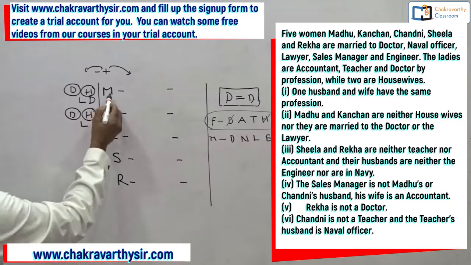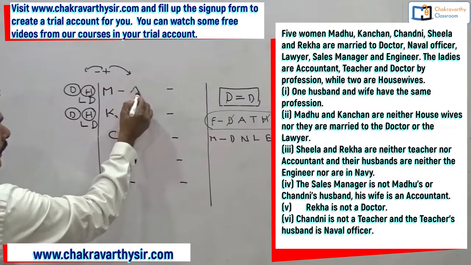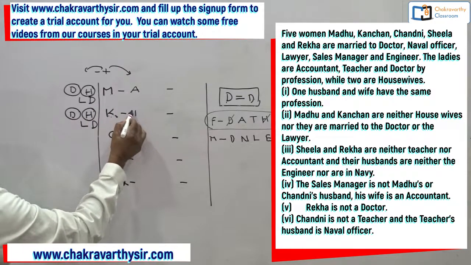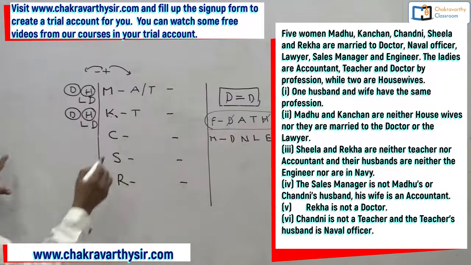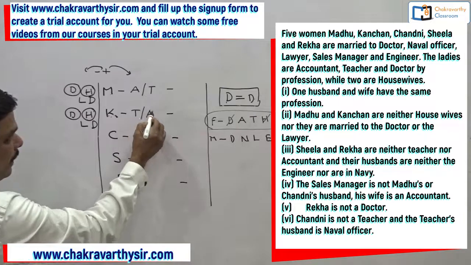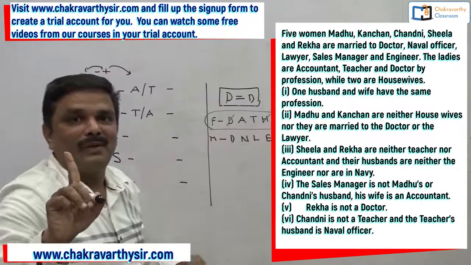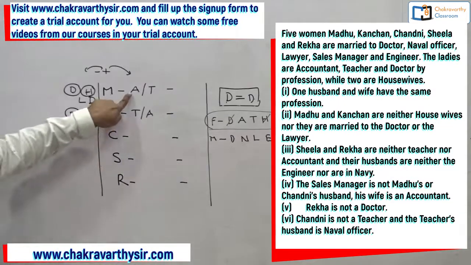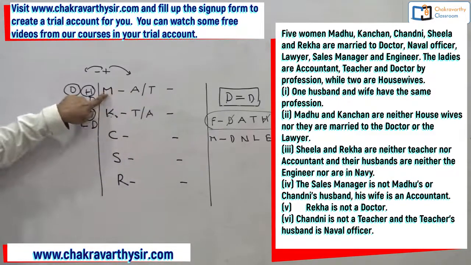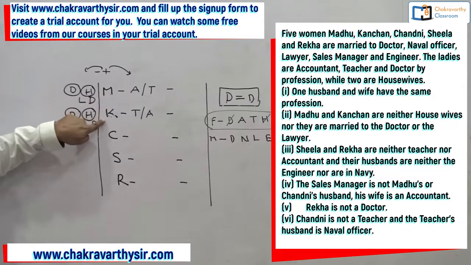Mutually we must say, if Madhu is an accountant, Kanchan must be teacher. If Madhu is a teacher, Kanchan must be accountant. Yes or no? What's the hidden meaning again? One more meaning for this one is accountant and teacher must be accommodated for these two only.